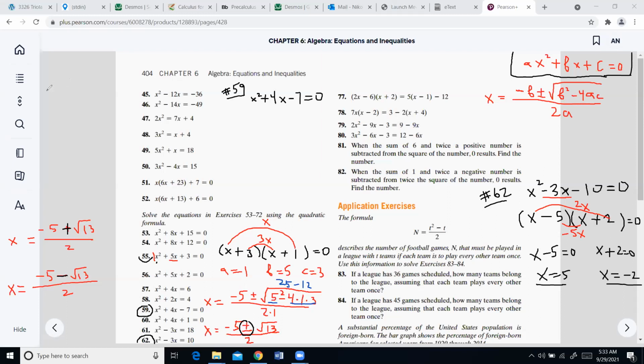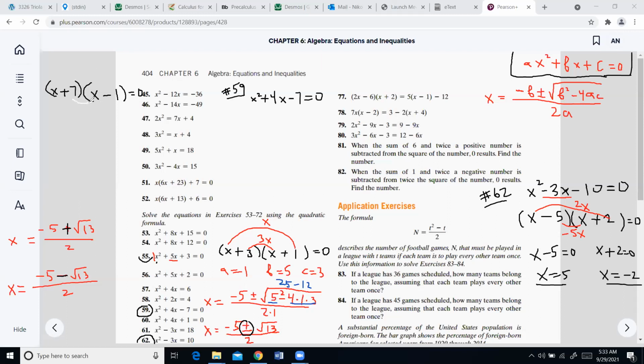Why not? Well, if you try to factor, there is only one way to do this. You can factor x squared with x and x, and then your 7 you can factor with a 7 and minus 1, right? There is only one way to factor number 7, 7 and 1.